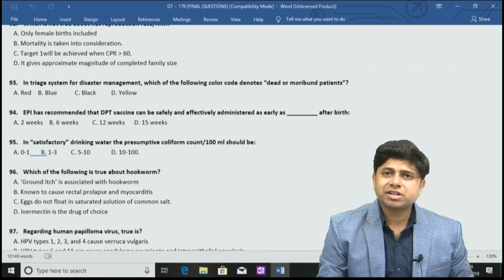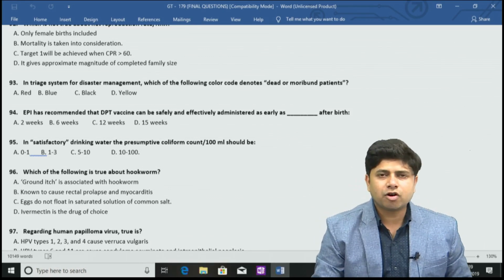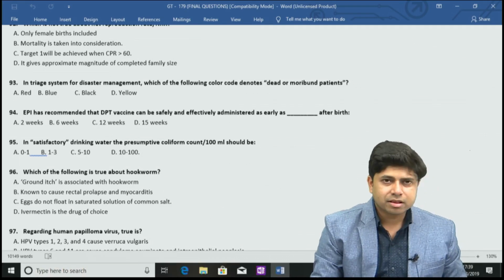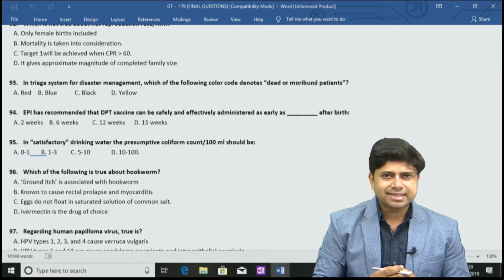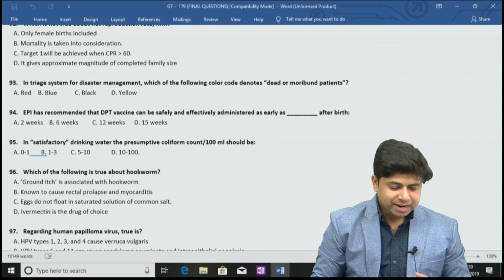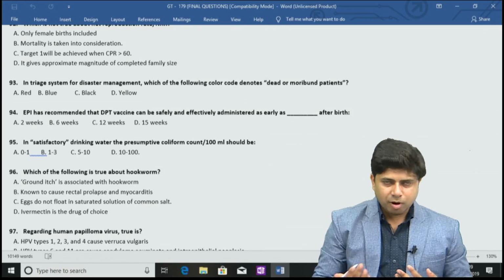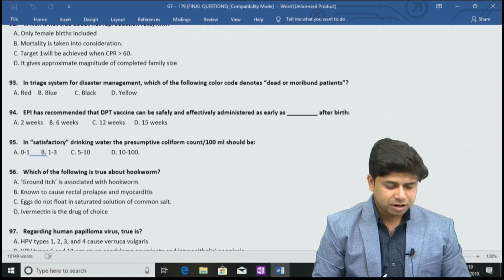Hookworm, yes, ground itch is associated with hookworm. Hookworm is what we call Ankylostoma duodenale. The portal of entry is the skin; the worm enters via skin. The adult worm lives in the small intestine of humans, and humans are the only definitive host.